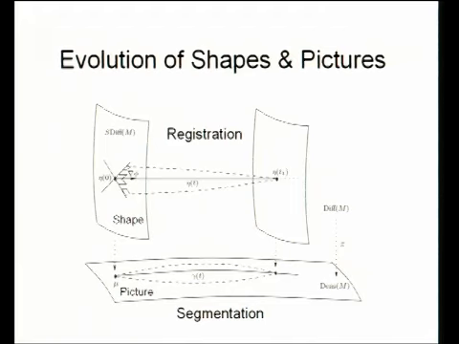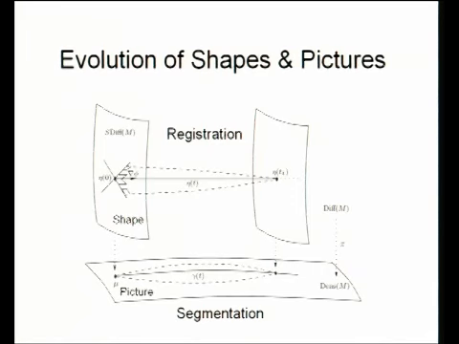So a usual change moving from one shape to another will be some curve in the combined space, and it consists of a vertical part, the change of shape, and a horizontal part, which is the change of the picture. The vertical part corresponds to registration, and the horizontal part corresponds to segmentation.